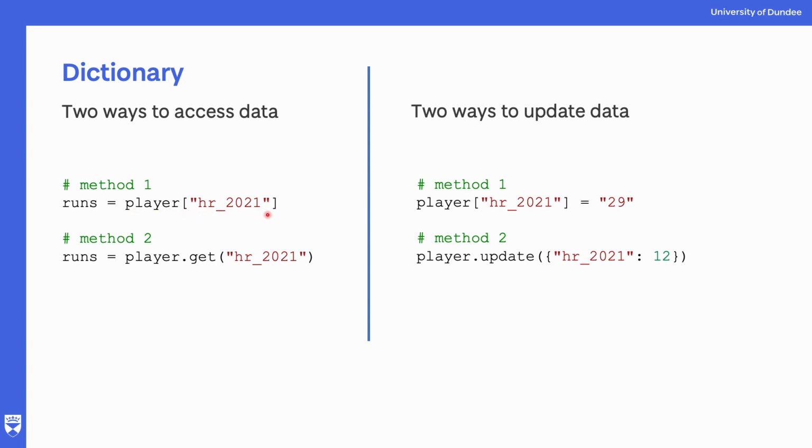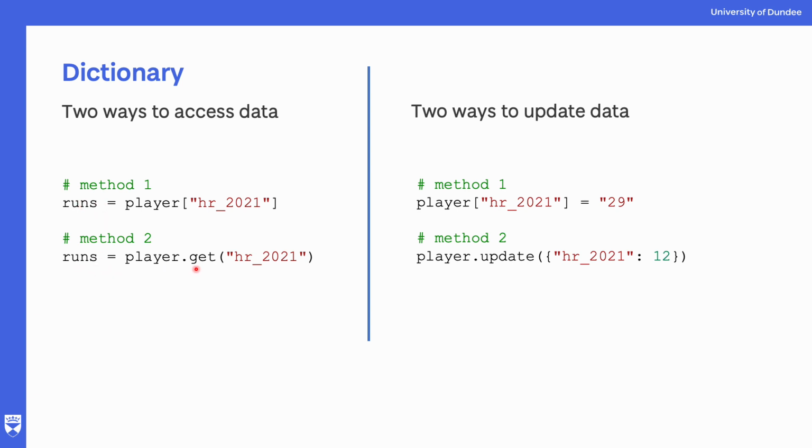I want runs to become the value inside player, and then the key HR_2021. So that's home runs for 2021. We had defined that as a key, and it has a value associated with it. So the value that's associated with it will go here, and that will become the value of runs.